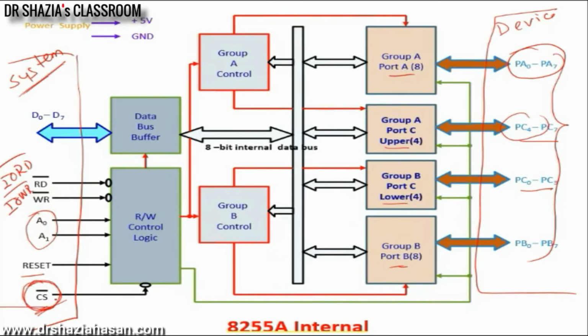This selection line is connected to a decoder. That decoder will decode only for specific addresses. We have done this design for memory. The way we have done it for memory, for a specific range of addresses one memory chip will get enabled, or selected. Exactly the same way, for the addresses of these ports, this 8255 should get enabled, not for any other address.